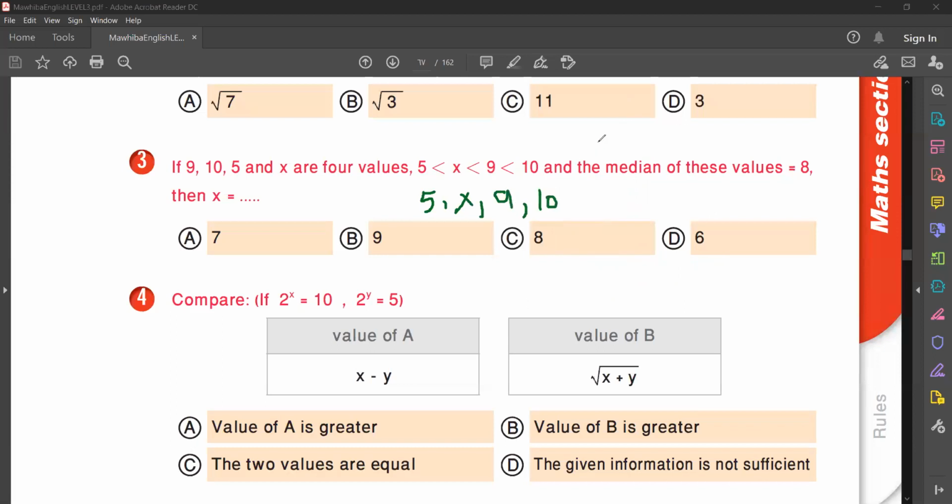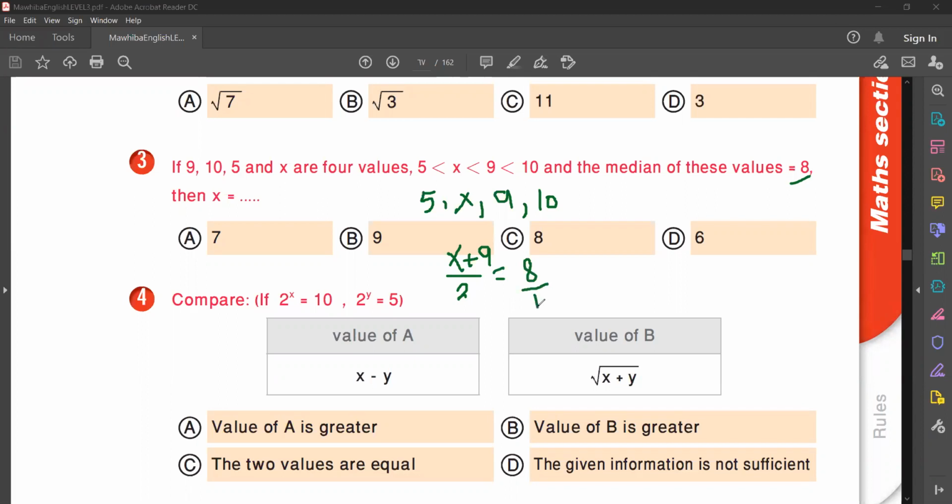Now, to find the median, you add x plus 9, divided by 2, right? Equals how much? What is the value of the median? He said 8.